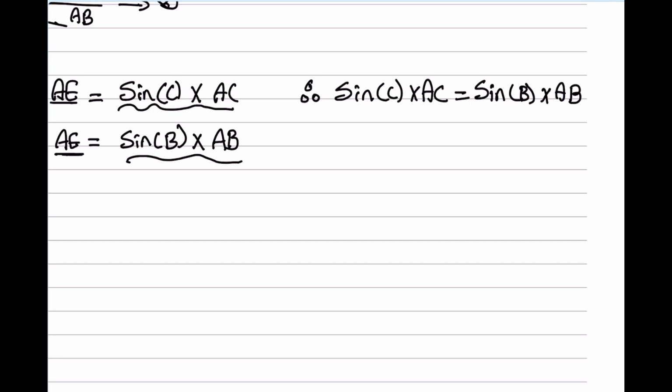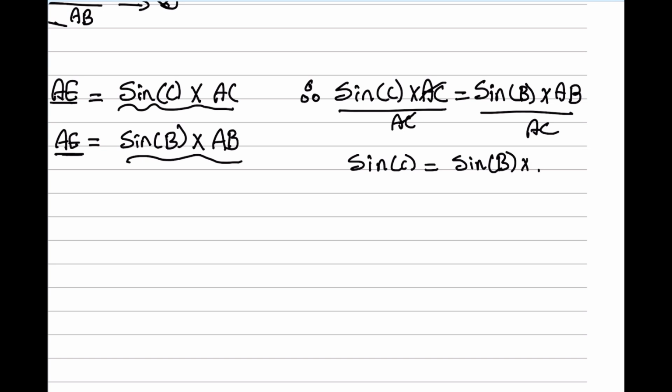After we got to this form, we want to make it in the form of equal ratios, as the formula states. This is true, but we want a better form. So first, we divide by AC on both sides, so this will be cancelled. So sine C is equal to sine B multiplied by AB divided by AC.